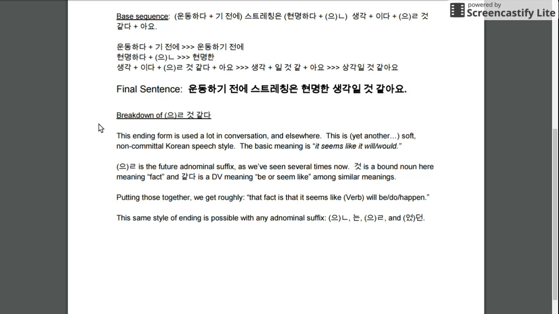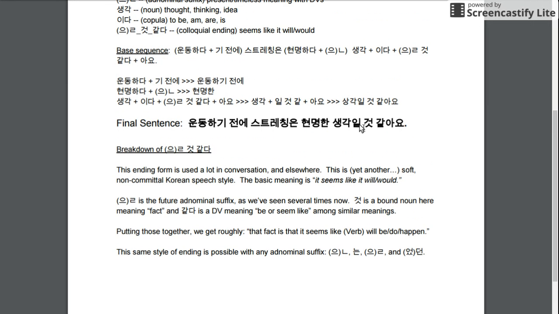So anyway, the ul is the future adnominal suffix that we've seen with a lot of other forms. So ida plus that means will be, would be. Okay, you're talking about the future. It would be a good idea to do this. It's not saying it is a good idea or it was a good idea, which is also possible.